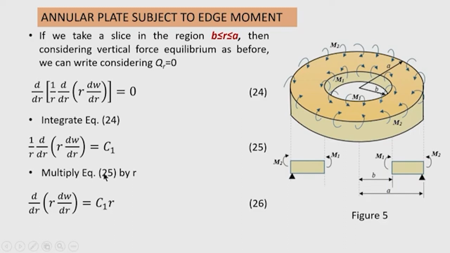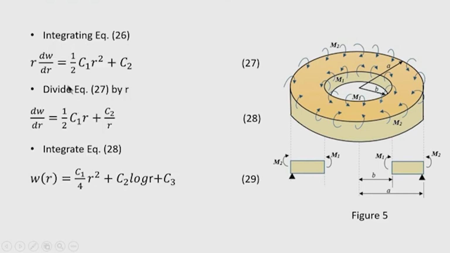Now, multiply equation 25 by r. Then it becomes d by dr of (r dw by dr) equal to C1 r. This expression can be again integrated. After integrating, we get r dw by dr equal to half C1 r square plus C2.